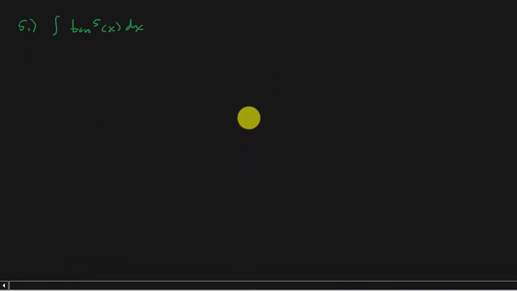Oh, goodness. Let's see what we've got here. We've got tangent to the 5th. So how in the world are we going to do this one? Well, let's just go through it. My tangent's odd, and what did it say when tangent was odd? It said save a factor of secant tangent.